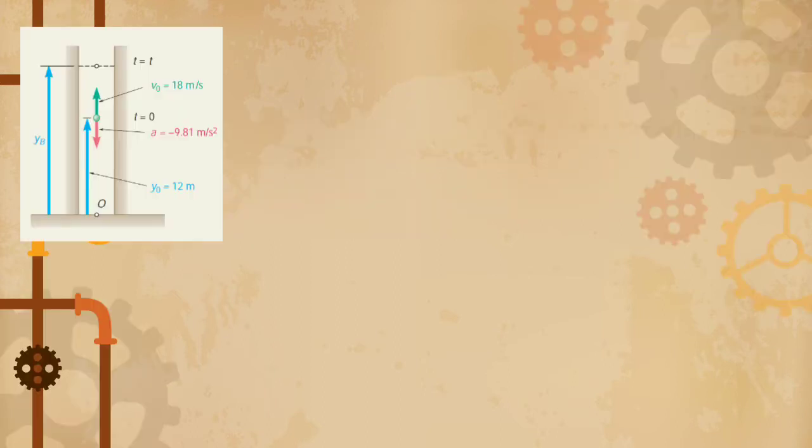Since the ball has a constant acceleration, its motion is uniformly accelerated. Placing the origin of the y-axis at ground level and choosing its positive direction upward, we find that the initial position is 12 meters, the initial velocity is 18 meters per second, and the acceleration is negative 9.81 meters per second squared.